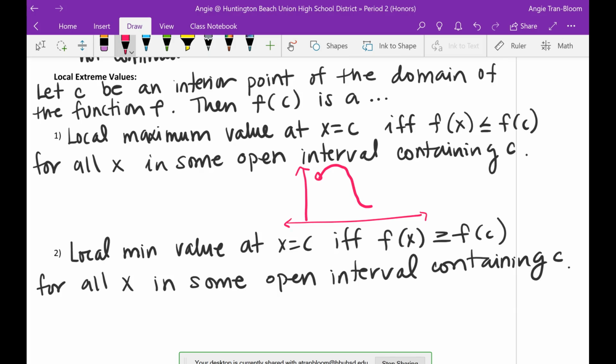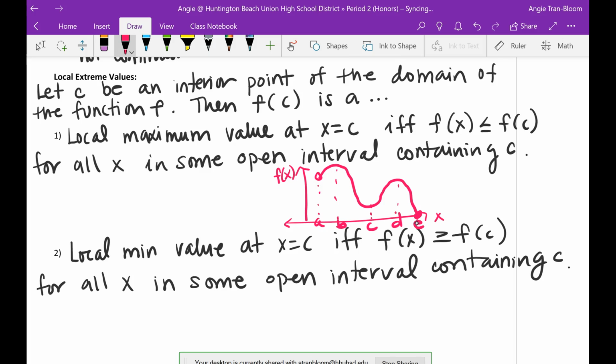I'm just making this up. Let's call this A, this B, this C, this D, and this E. This is f of x.